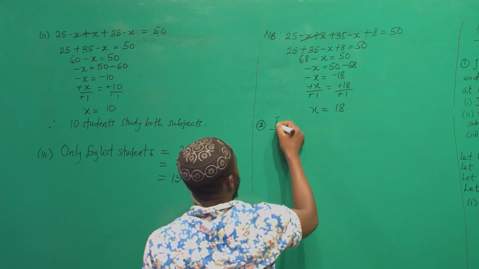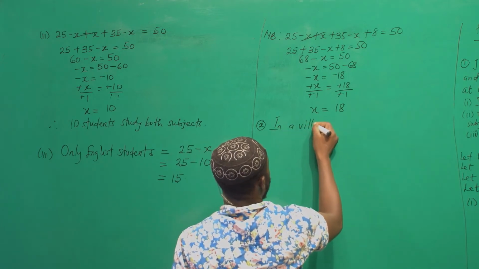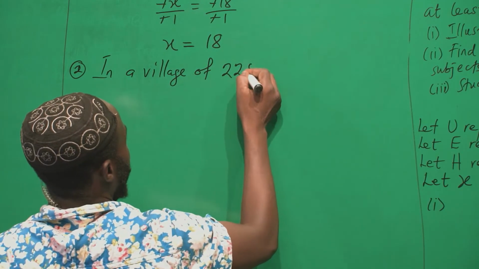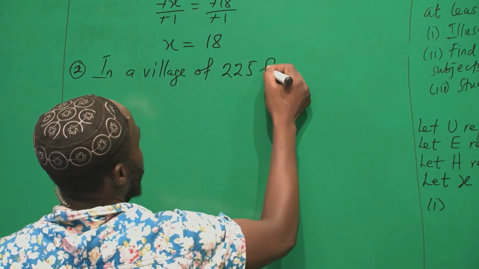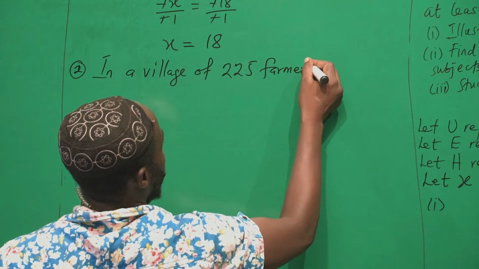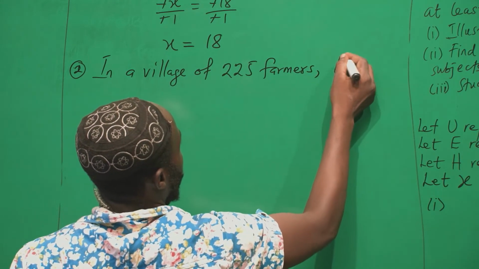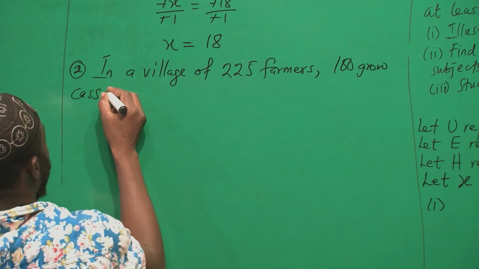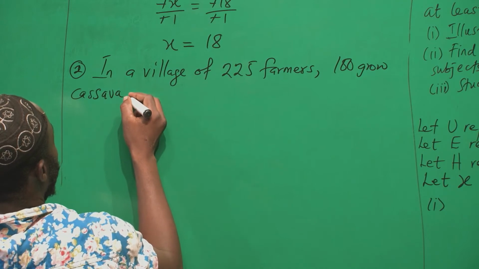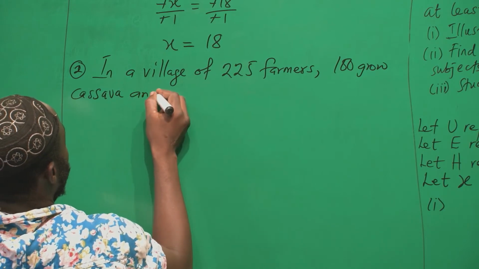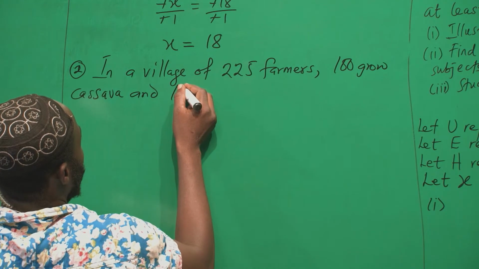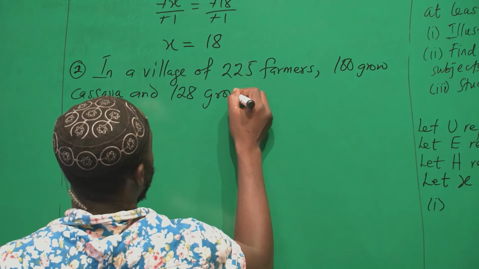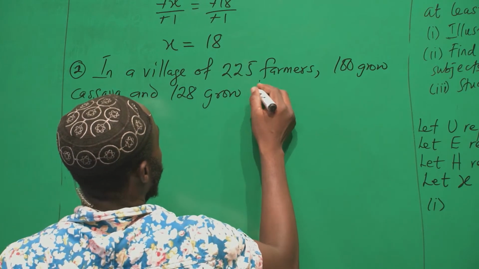In a village of 225 farmers, 100 grow cassava and 128 grow plantain.